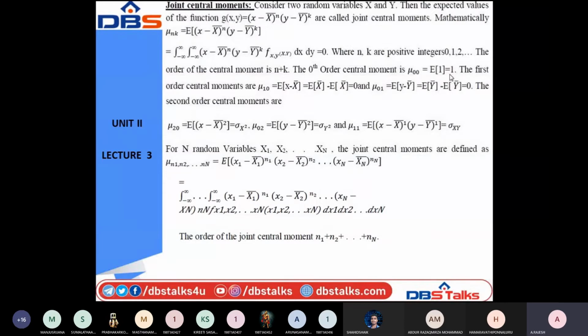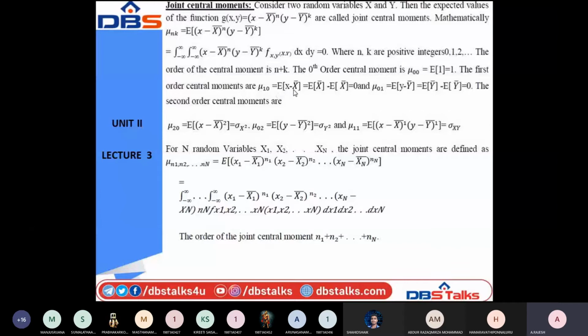The first order moment can be written in two ways, that is mu of 1 comma 0 and mu of 0 comma 1. Here 1 comma 0 means we have only the x value, and 0 comma 1 means we have only the y value. So mu of 1 comma 0 equals E of (small x minus X complement), which will be equal to E of X minus E of X complement, which will be equal to 0.